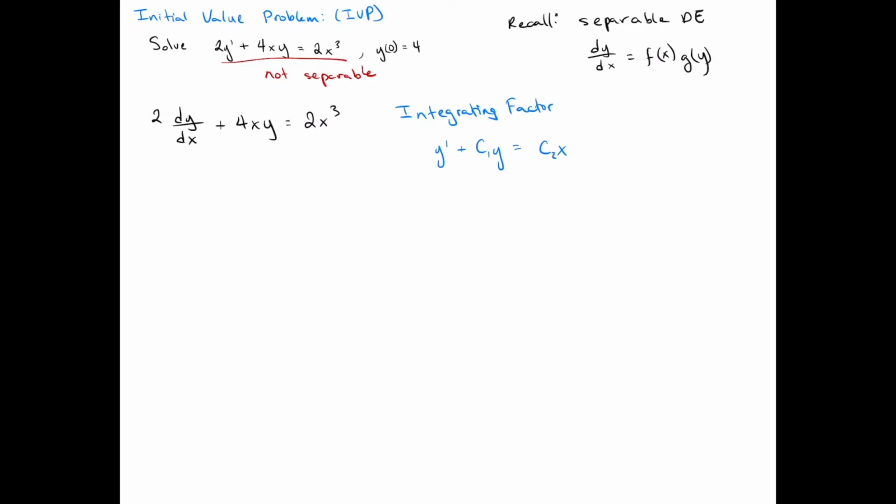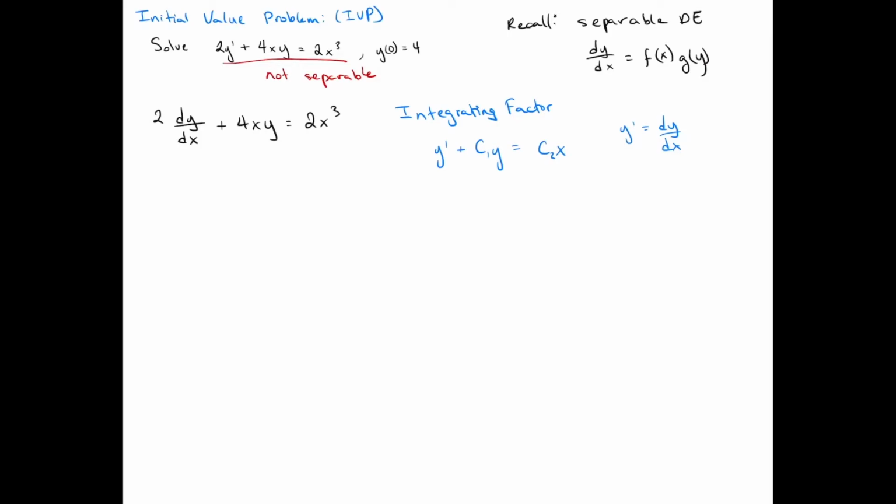As a side note, y prime is the same thing as dy over dx. The key thing about this form is that y prime, or dy over dx, should have a coefficient of just 1. Going back to our differential equation, we have a constant of 2 in front of dy over dx, so we get rid of it by dividing both sides by 2.